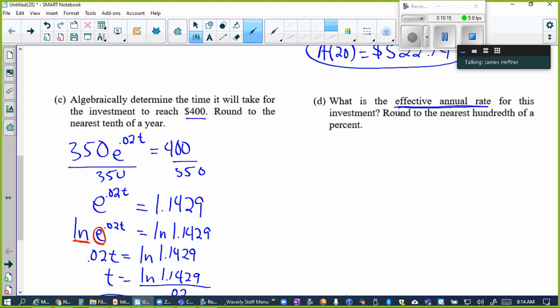Okay, so this effective annual rate is also known as annual percentage yield, or APY. Some of you may have seen that acronym, APY.